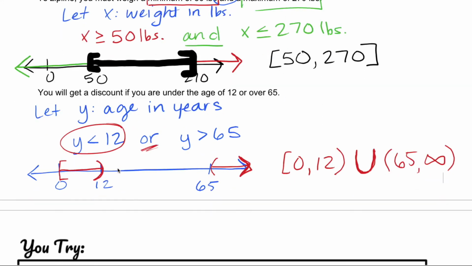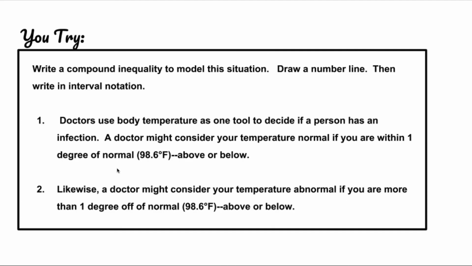So I want you to consider, before moving on to the next lesson, these two scenarios. And I want you to write a compound inequality, which means using and or. So you're going to write x is less than something and x is greater than something, or you're going to use the or.